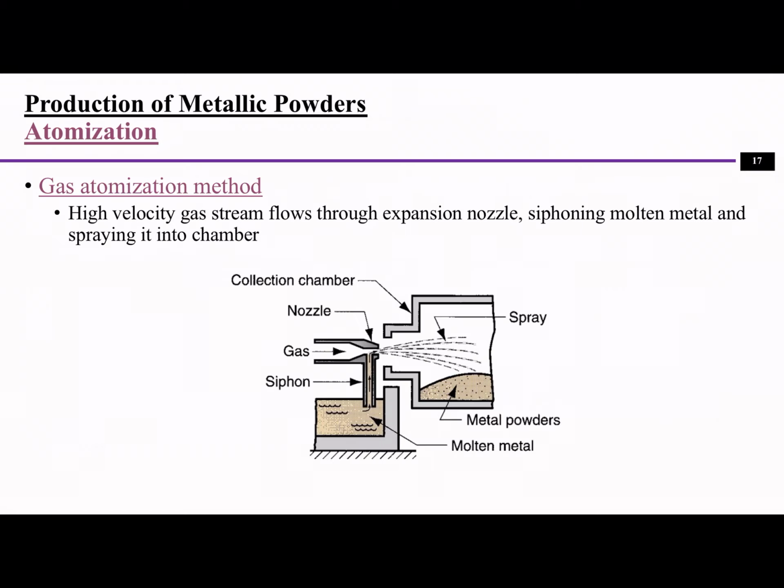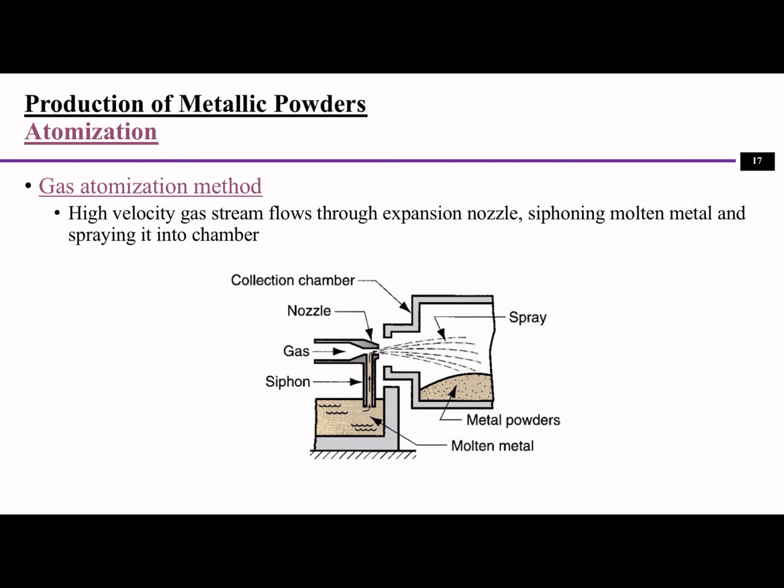First, let's look at atomization. So what is atomization? It can be the gas atomization method, or it can be the water one. What it means is that we have molten metal, for example in this picture, and by pressure we can have this molten metal flow upwards, and then meanwhile we use a gas to blow or spray the molten metal into a chamber.